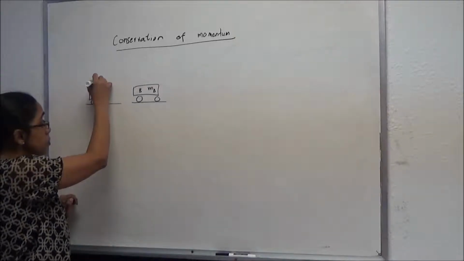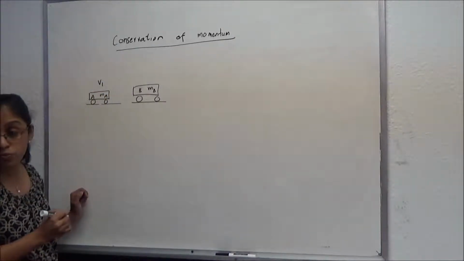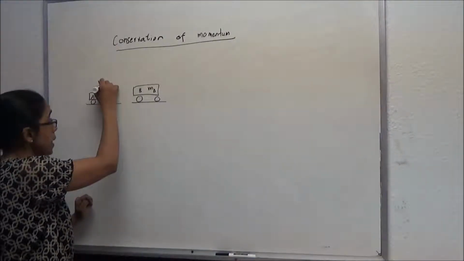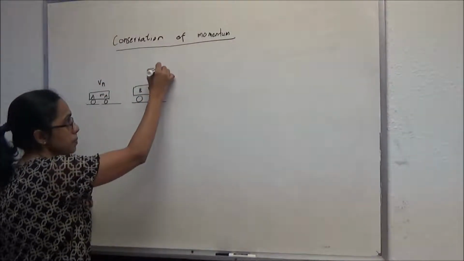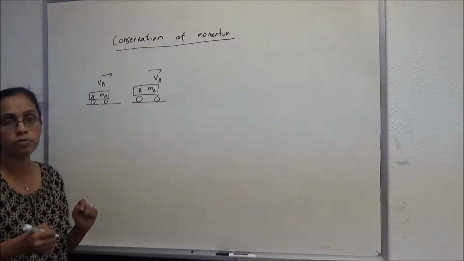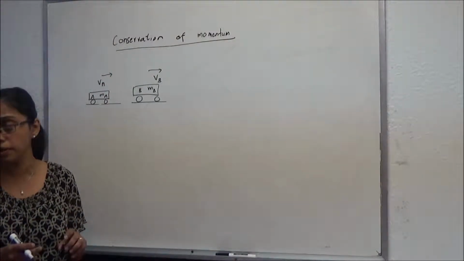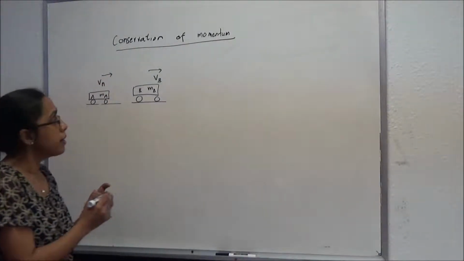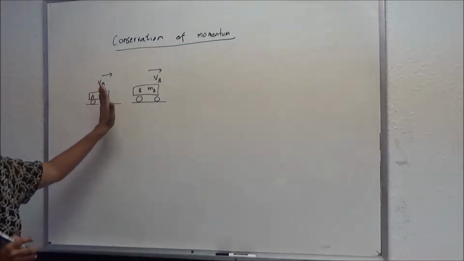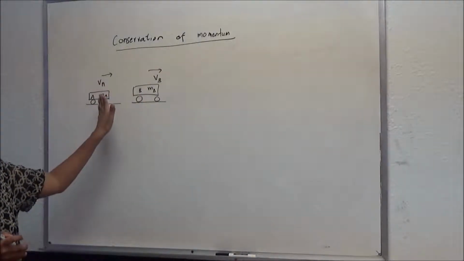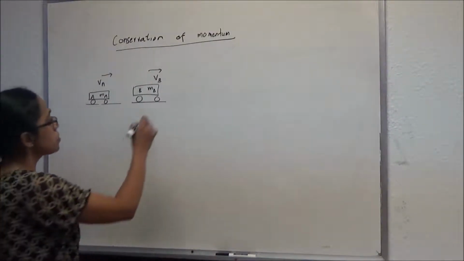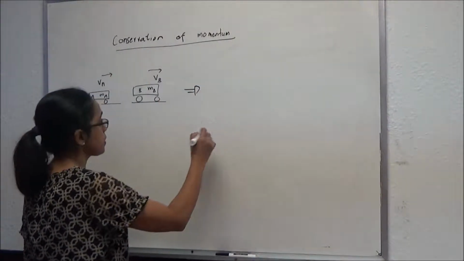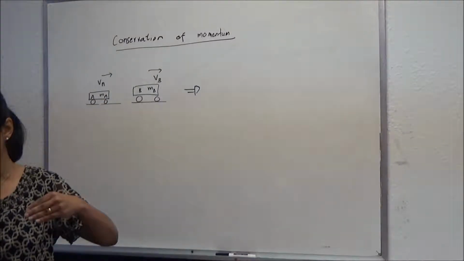And let's assume initially the velocity of this was VA, and this was VB, and they were moving in the same direction. And if VA is greater than VB, obviously A would hit B.